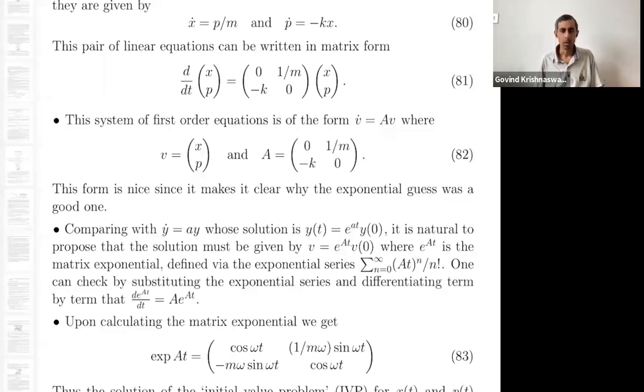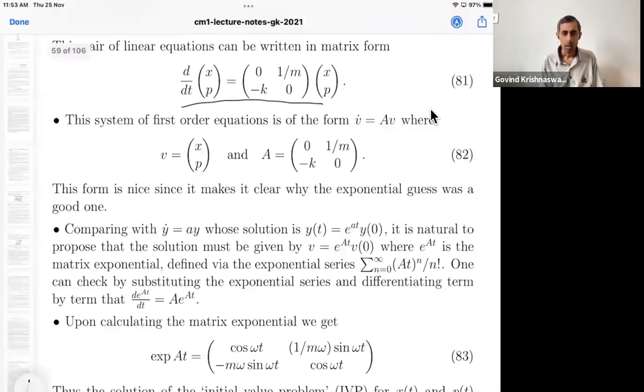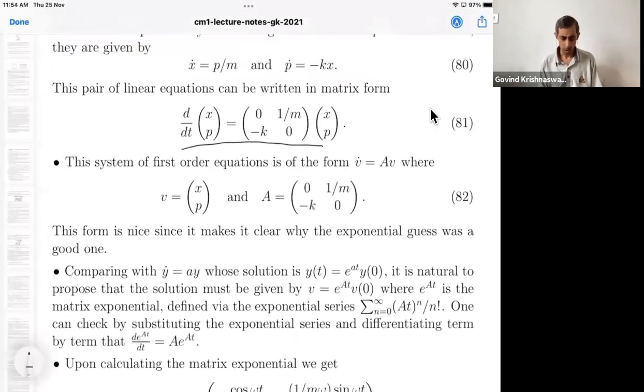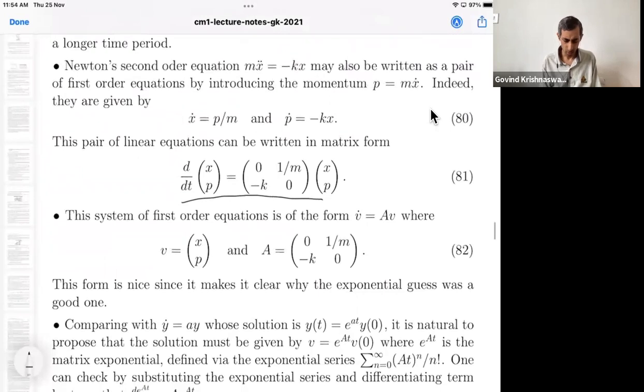So returning to this formula, this is our pair of first order equations. Are you okay with this set of equations? They are equivalent to the original second order equation of motion which we had here.